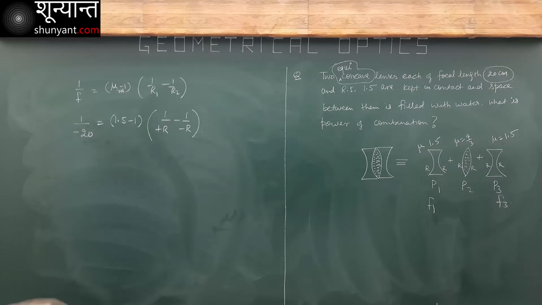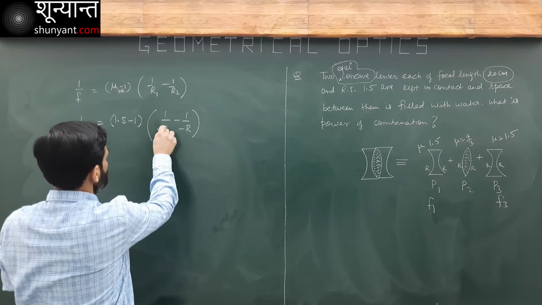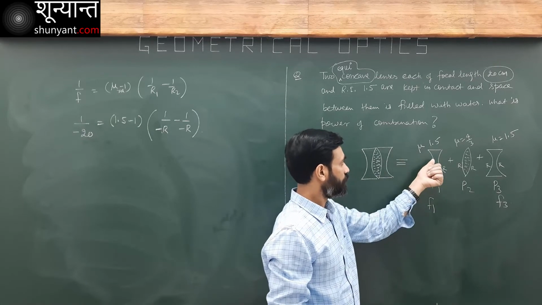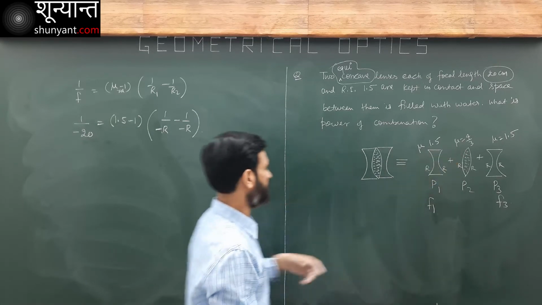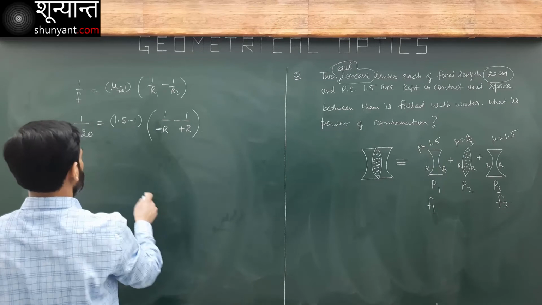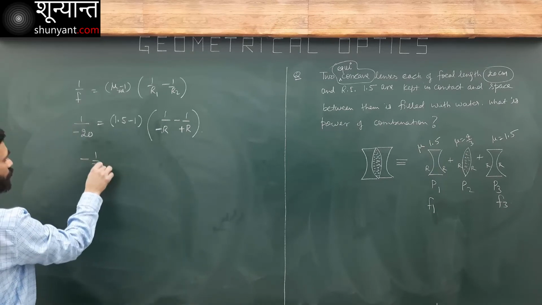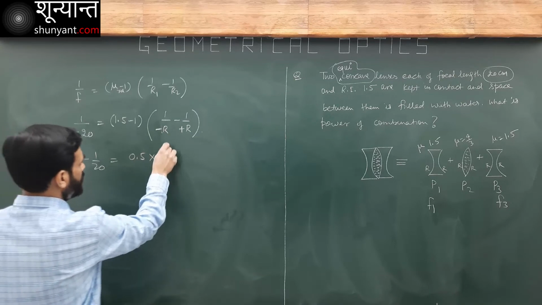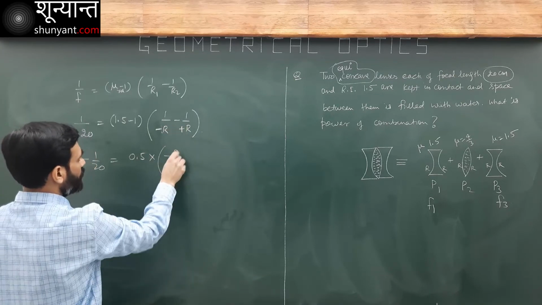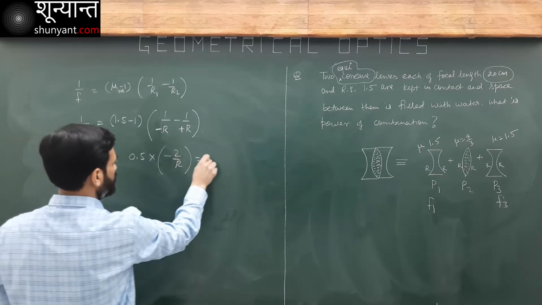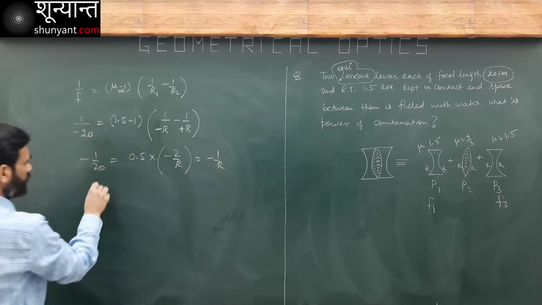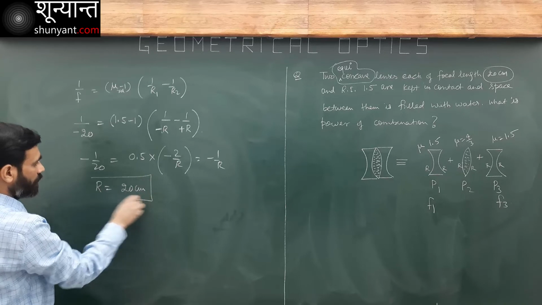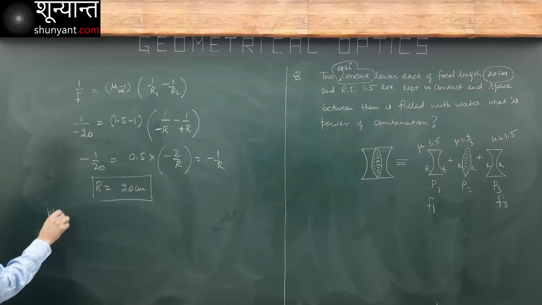The first surface is negative, the second surface is positive. So minus 1 over 20 is 0.5 times minus 2 over r. So r is 20 centimeter.